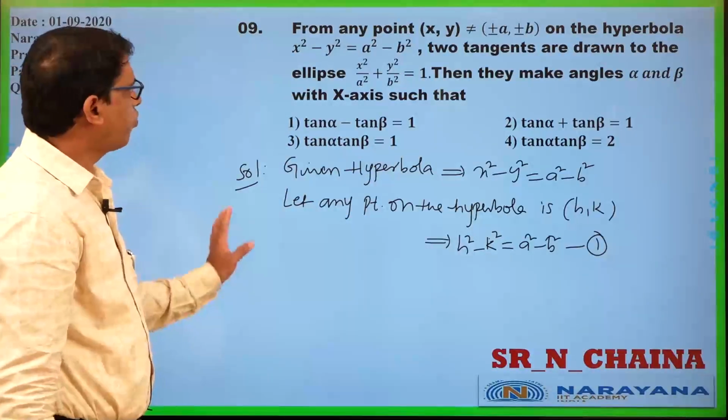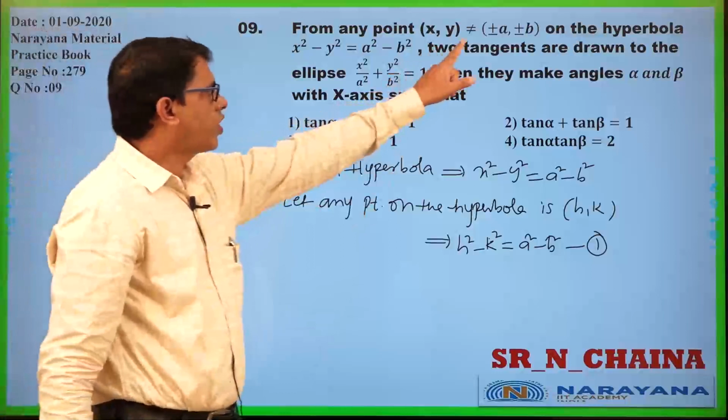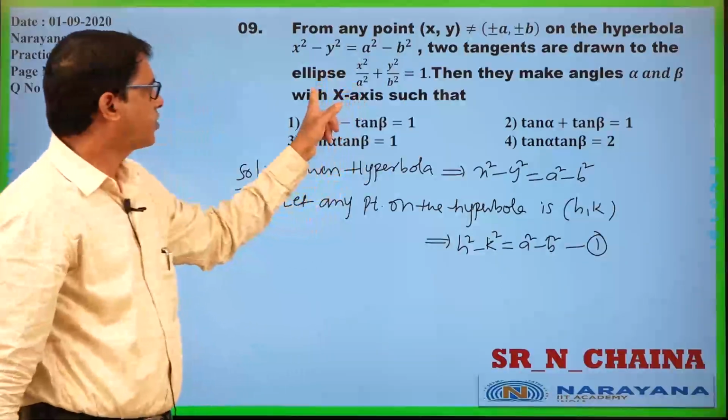Okay. Now again go to the next line. Two tangents are drawn to the ellipse.